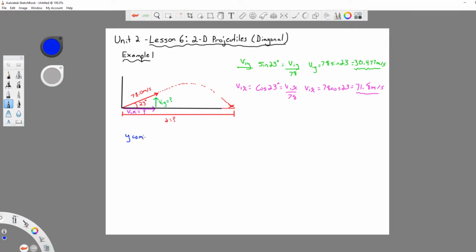What do we have in the y? We've got initial velocity in the y, which we just solved here. So VIY is equal to 30.477 meters per second.